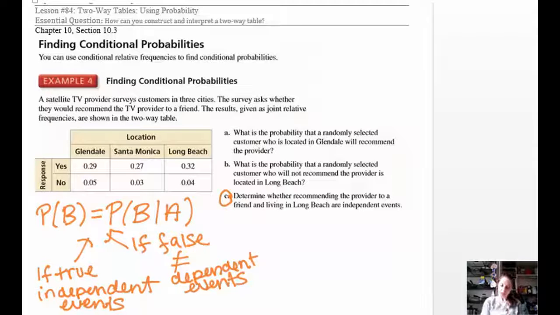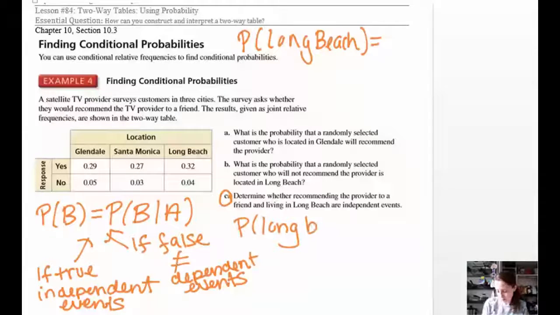So in example C, event B is Long Beach. So the probability of living in Long Beach, we're going to compare that to the probability of Long Beach given we're recommending the provider yes.